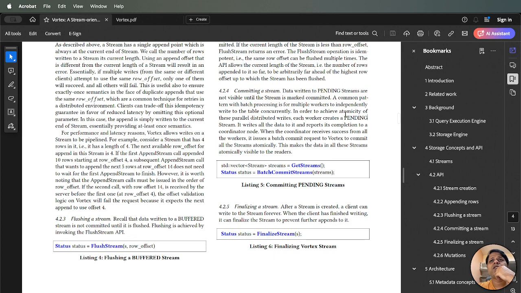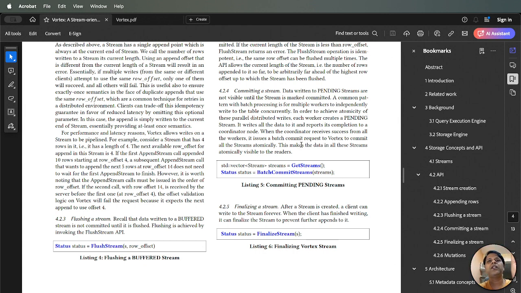In order to achieve atomicity in these parallel distributed writes, each worker creates a pending stream. It writes all the data to it and reports its completion to the coordinator node. When the coordinator receives success from all the workers, it issues a batch commit request to Vortex to commit all the streams atomically. Atomically means all at once.